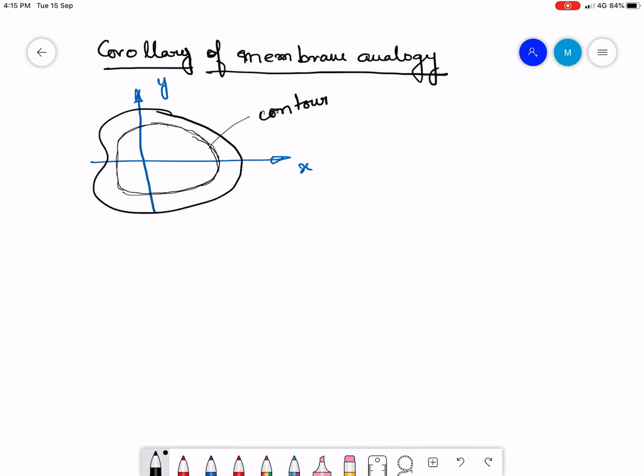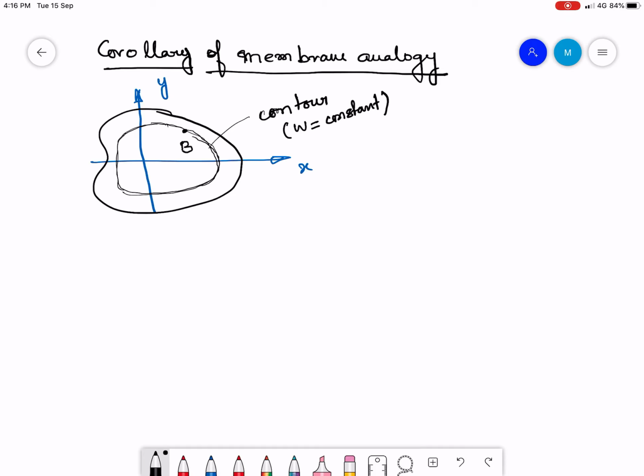Okay. So, now again let us go back to the membrane and let us draw a contour on the membrane. Okay. So, this lighter line, say it is a contour line for the membrane under the uniform pressure. So, for this contour line W is constant. Okay. Now, what we are going to do is choose an arbitrary point B on the contour.